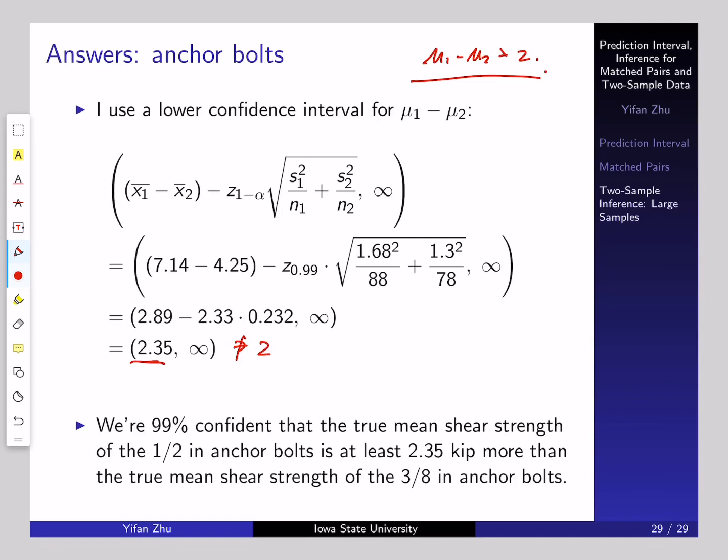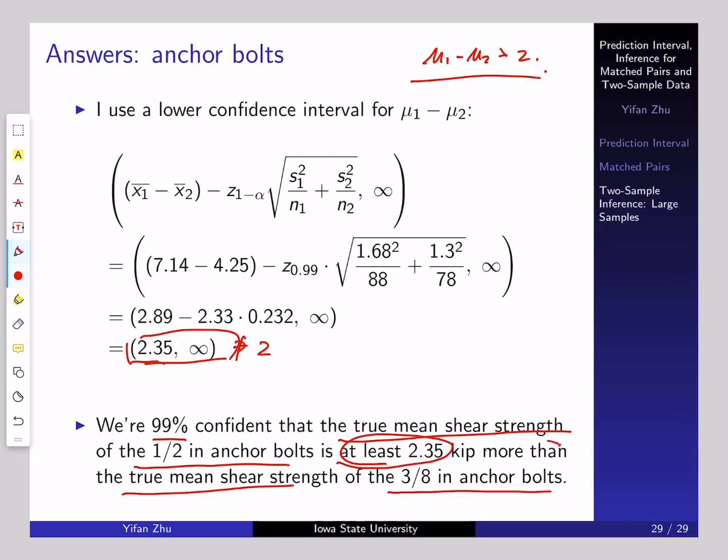And the interpretation would be we are 99% confident that the true mean shear strength of 1/2 inch anchor bolts is at least 2.35 KIP more than the true mean shear strength of the 3/8 inch anchor bolts.